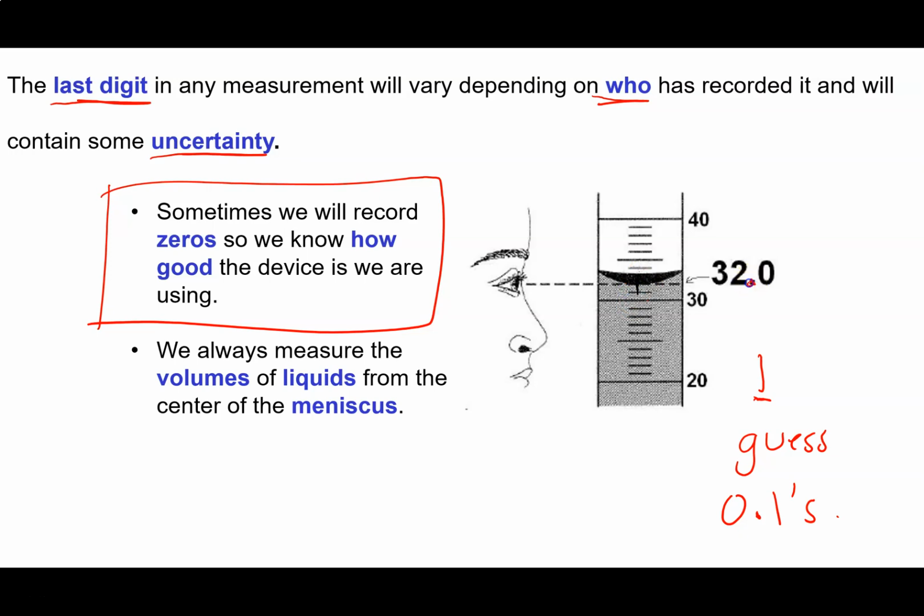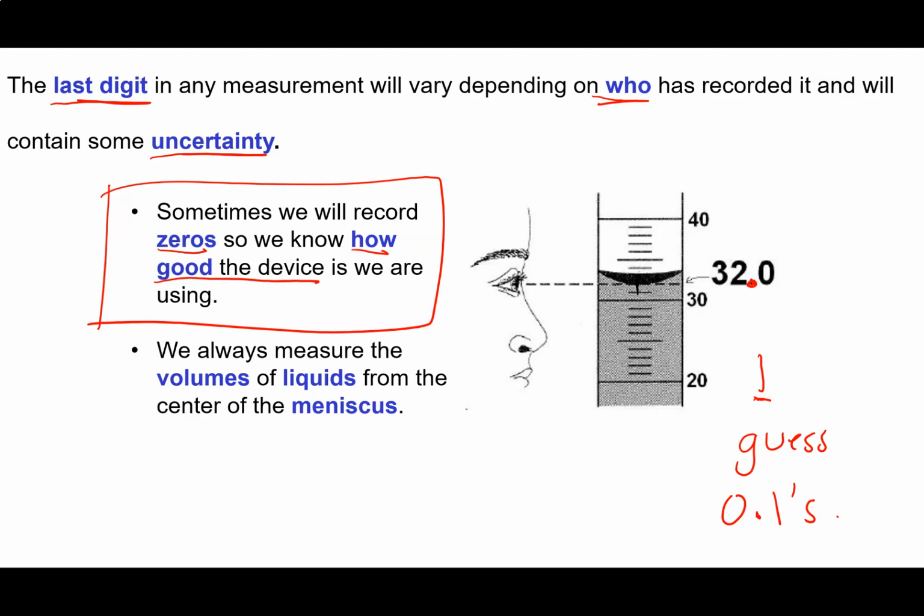But what we do is we include that 32.0, and the reason for putting the 0 there is to let the reader know that we were measuring this on a device that had lines every one, right? So sometimes we'll record zeros to let people know how good the device is that we're using, even though mathematically it doesn't change the size of the measurement.